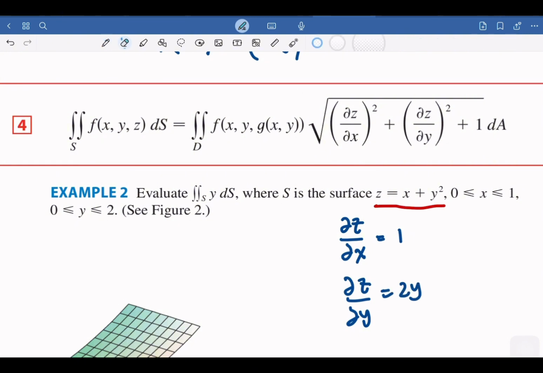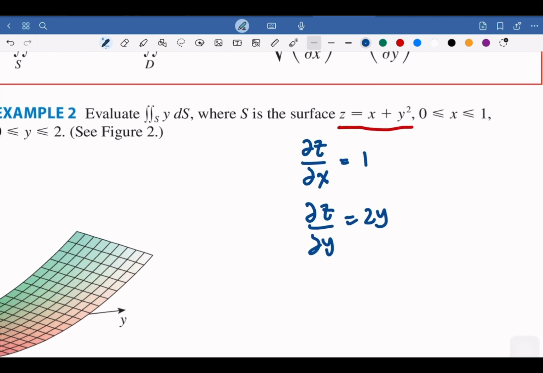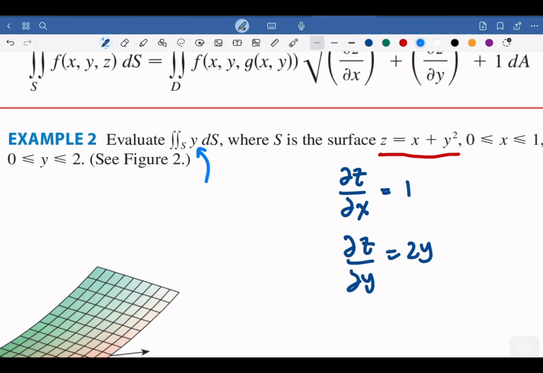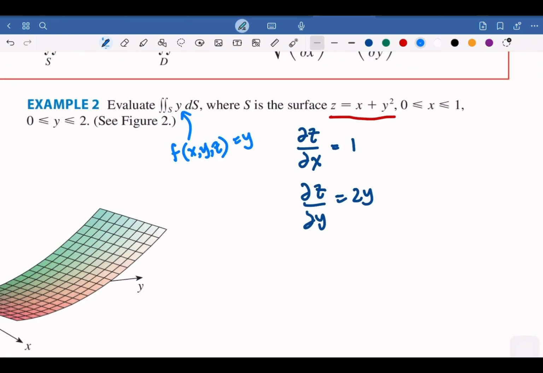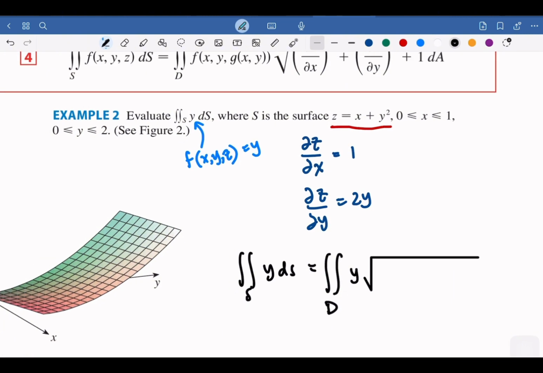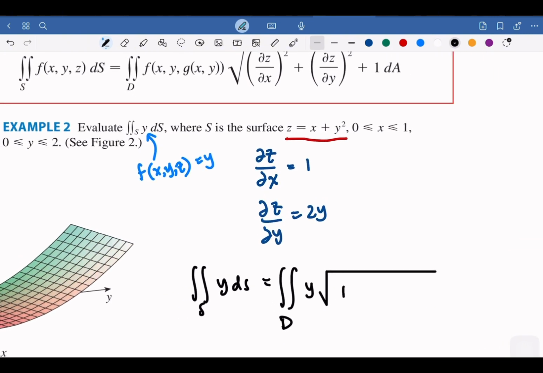We can just plug these terms into the equation and solve. So we can write down y dS is y, and then the long square root, which is the square root of 1 squared plus 2y squared, plus 1, dA.